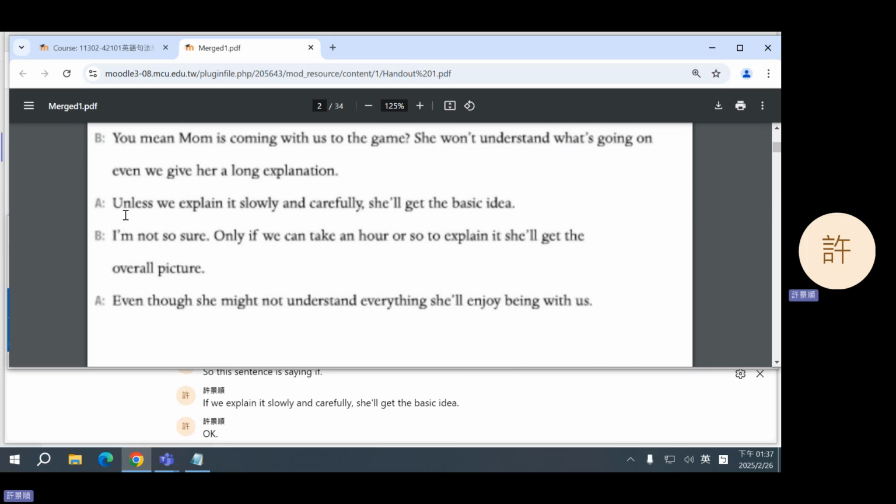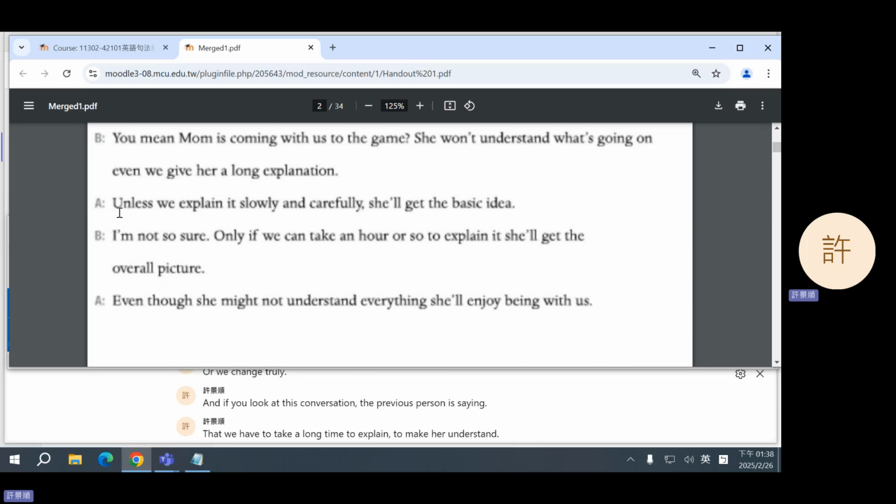Okay, fine, I'll use Chinese. The sentence currently says, 除非我们慢慢解释，他就会听懂基本概念, which is of course wrong. That doesn't make sense. So we have to change something. Either we change 他会听懂的会, or we change 除非. And if you look at this conversation, the previous person is saying that we have to take a long time to explain to make her understand.